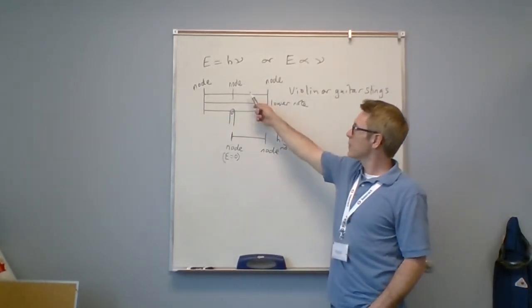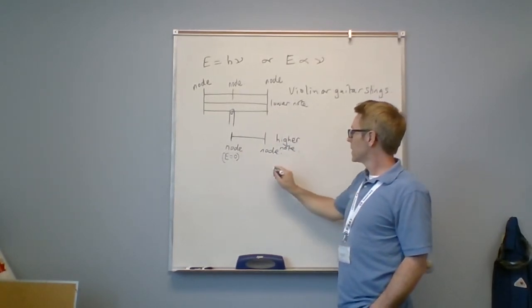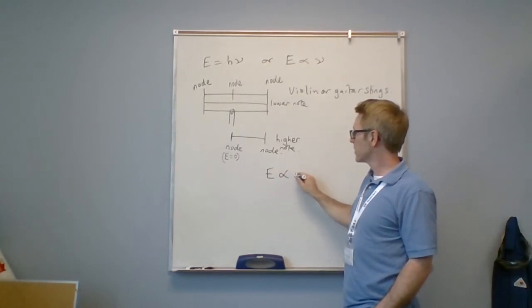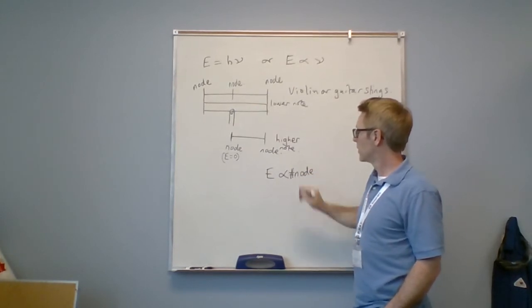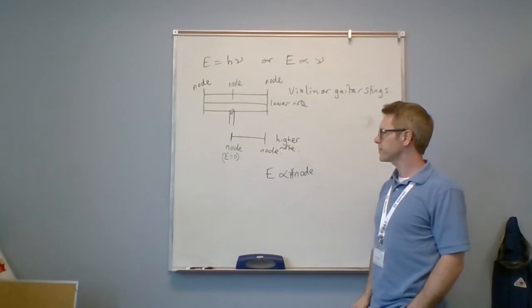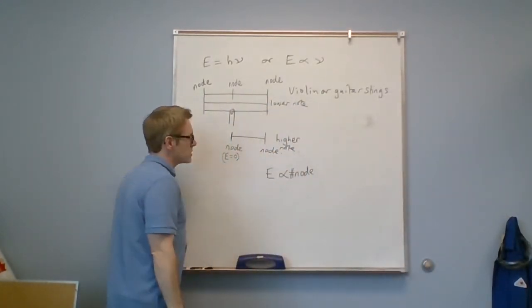By increasing the number of nodes, I effectively make the note higher. So I can see that the energy is proportional to the number of nodes. What would the number of nodes do?